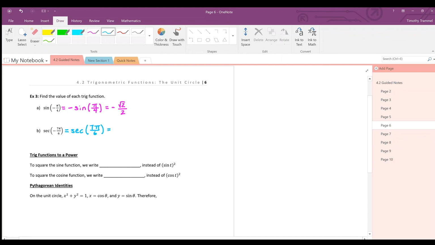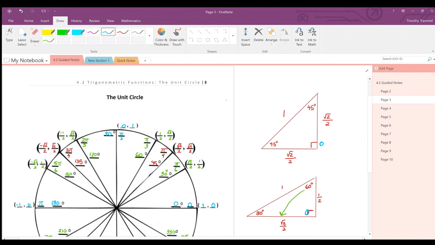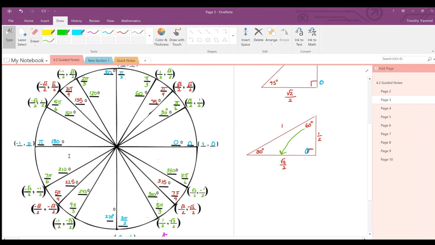And then secant is, again, 1 over cosine. So this is what we're really trying to compute, is cosine of 7 pi over 6. And we'll just do 1 over whatever that is. Okay. Let's go to that unit circle. And if we find ourselves 7 pi over 6, that is right here.